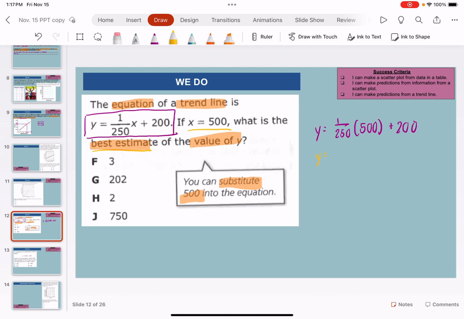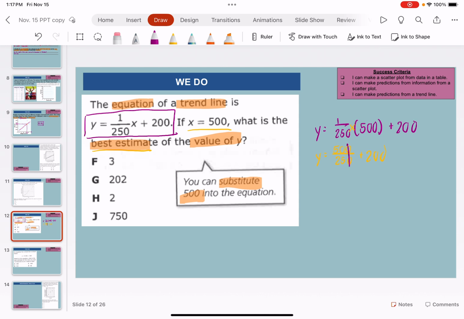So when we have a fraction, we know that that's the same thing as division. And so I'm going to multiply the 500 times 1, which is 500. And then on the bottom, I'm going to keep my denominator, which is 250. So we have 500 divided by 250 plus 200. To simplify this division problem, I'm going to get rid of the zeros on top and bottom.